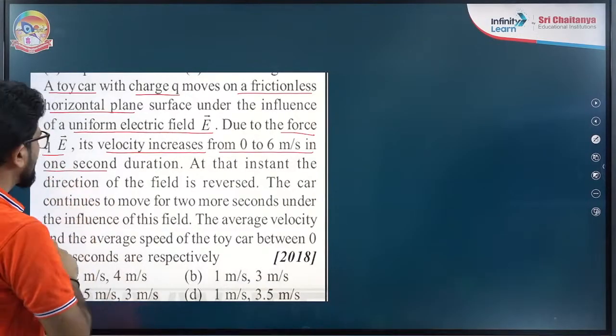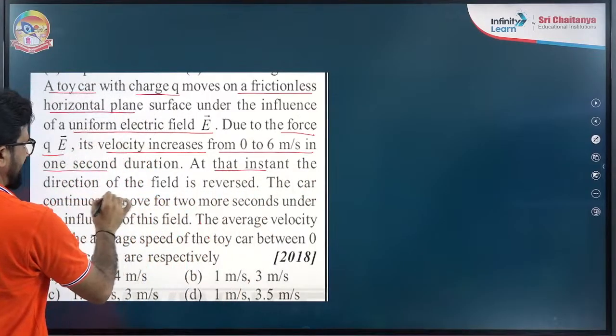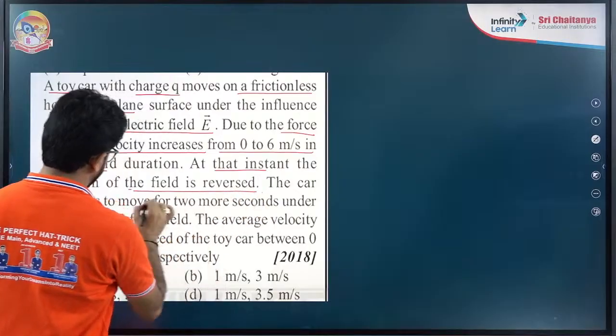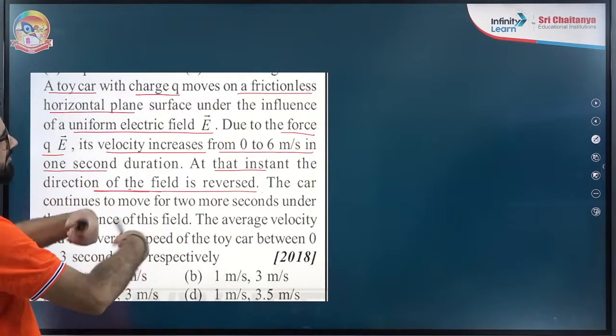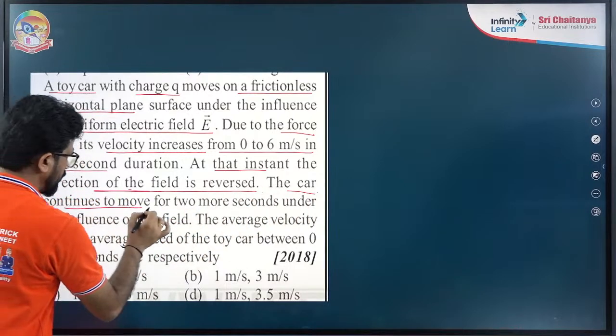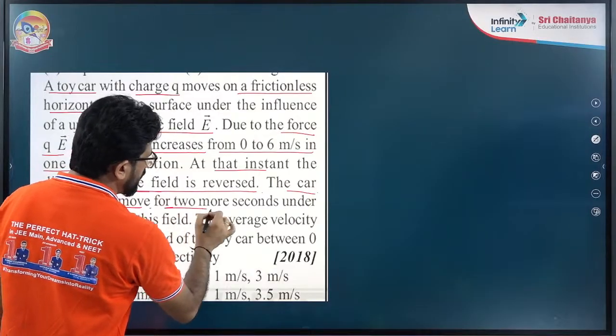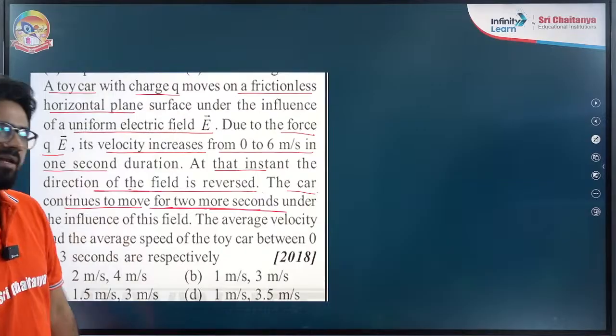Very simple. Now, at that instant, the direction of the field is reversed. That means at t equal to 1 second, the direction is reversed. The car continues to move for 2 more seconds. That means the total time of motion is 3 seconds.